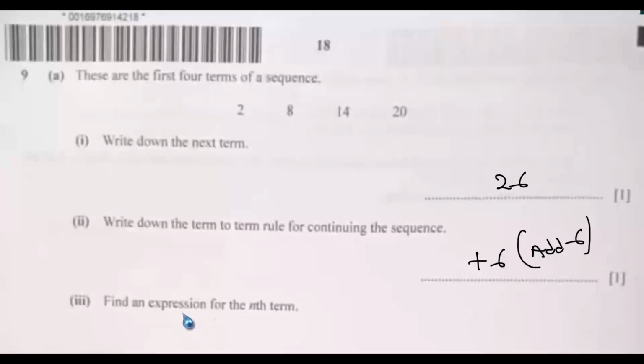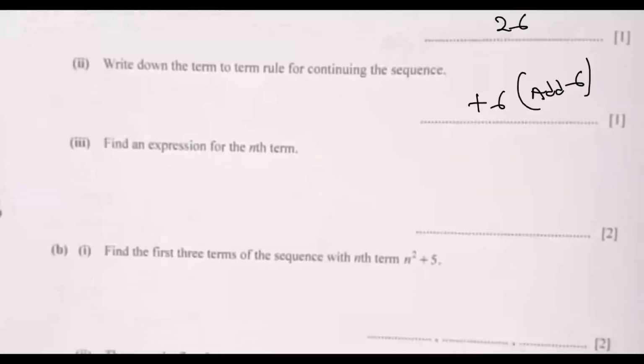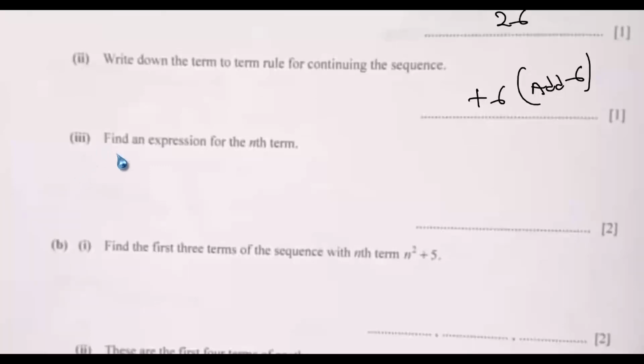Okay, so find the expression for the nth term. So let's scroll down a little bit. So the original term, so let's say we have n. So for the first term, we have the second term, we have the third, we have the fourth. So we can now write out the terms like this.